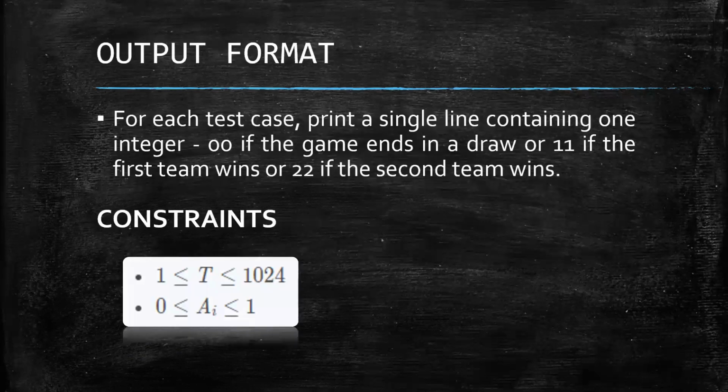Let's see the output format. For each test case, print a single line containing one integer: 0 if the game ends in a draw, or 1 if the first team wins, or 2 if the second team wins.